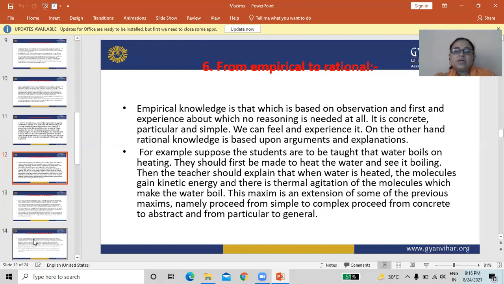On the other hand, rational knowledge is based upon argument and explanations. For example, suppose the students are to be taught that water boils on heating. They should first be made to heat the water and see it boiling.